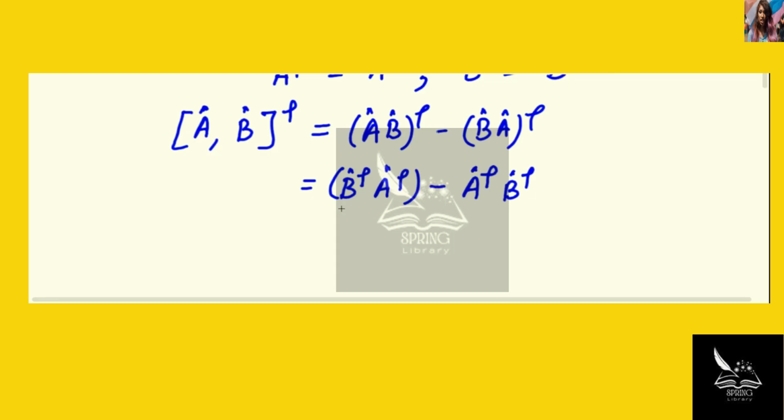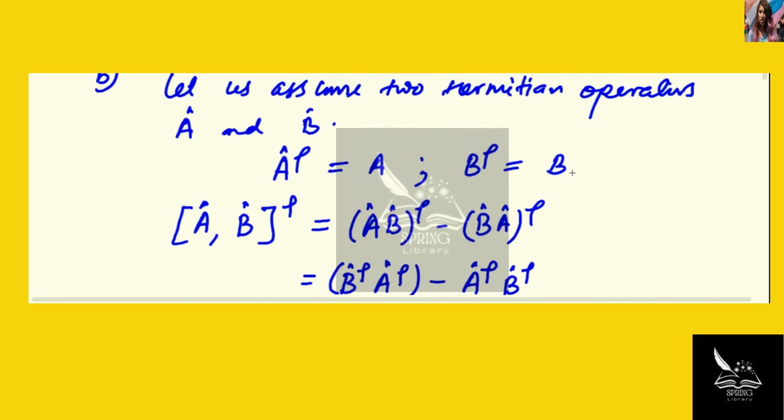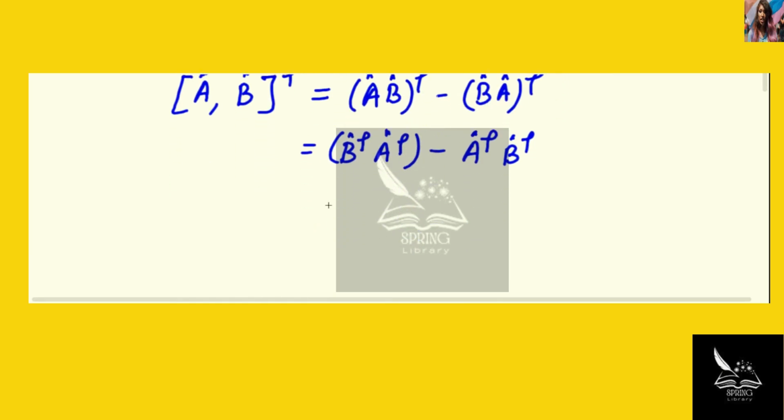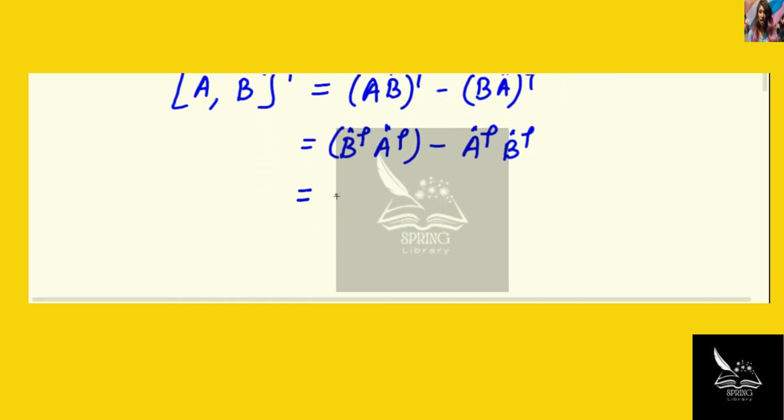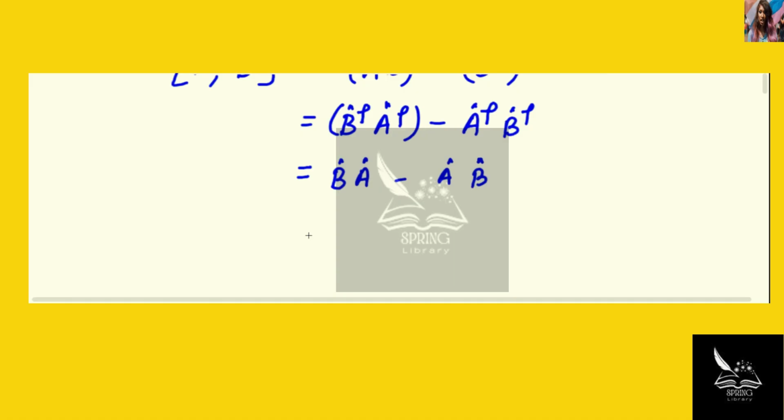Since B dagger is equal to B and A dagger is equal to A, it is BA minus AB.